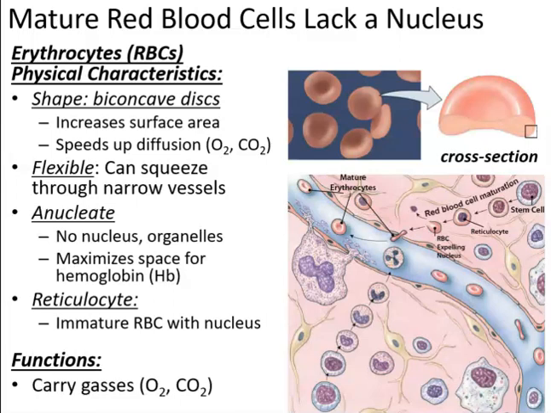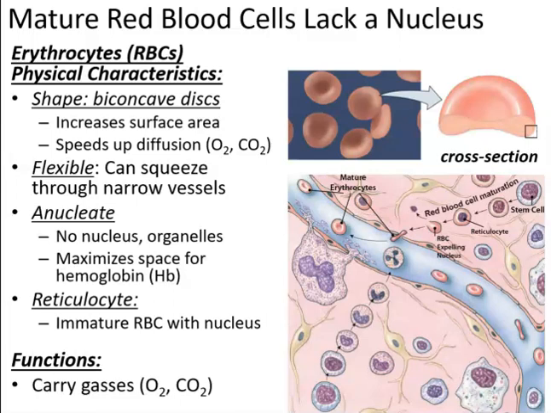Also, another general characteristic is that they are anucleate, meaning there's no nucleus or organelles. And because they have no mitochondria, they cannot carry out aerobic metabolism, but they do have enzymes for anaerobic metabolism and, again, get their primary source of ATP through glycolysis.